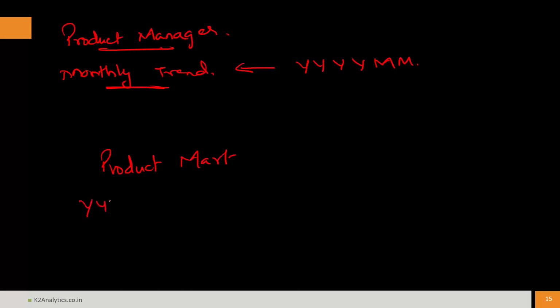So here you will have this year month and the number of customers acquired in that month. What is also the second information? Months which are not completed, you want month till date.